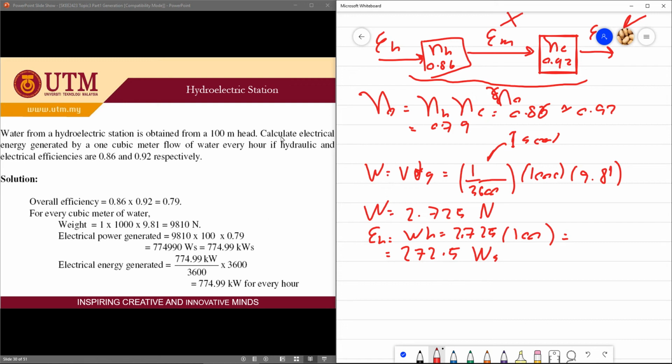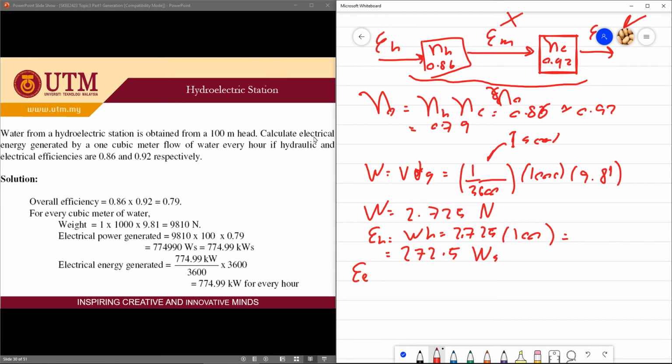So the question asks you to calculate the electrical energy generated by 1 cubic meter of water every hour. So you have to calculate the electrical energy.